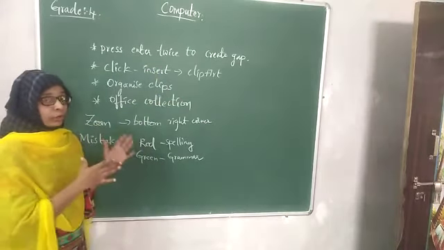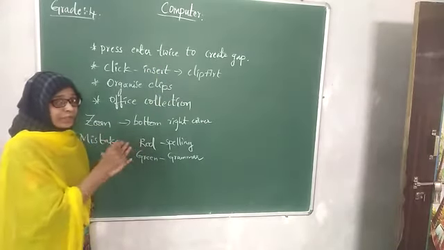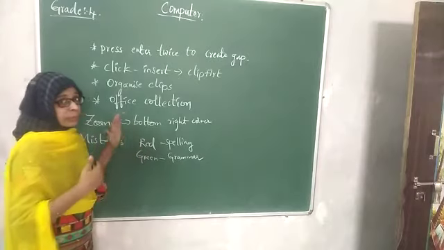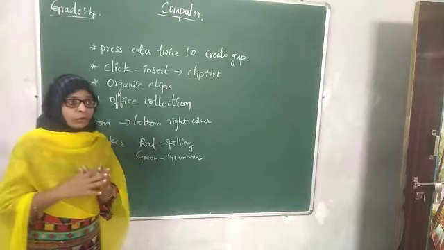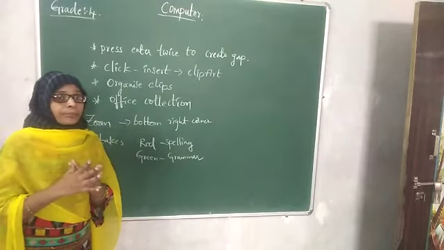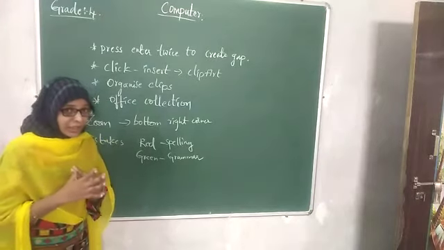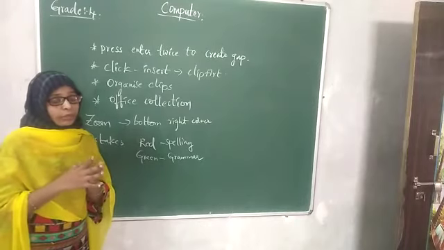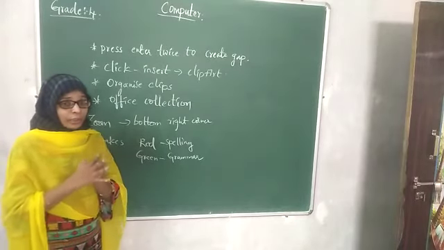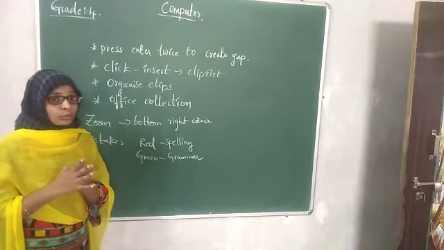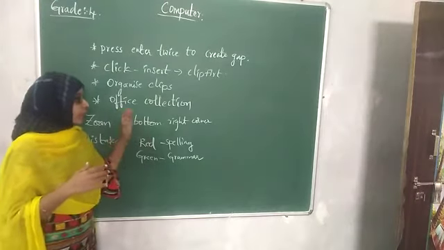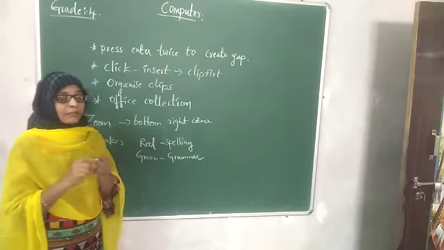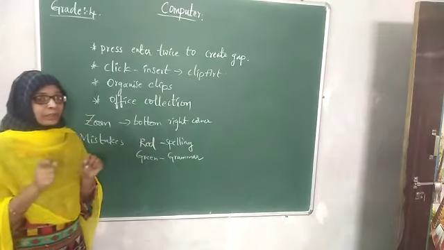Where the talk about the deer is going on, you can simply copy and paste the picture of the deer in your document. Then if you want to zoom, you can make necessary corrections here. If you want to zoom any text or any particular image, you will find the option at the bottom right corner of your page. You will see a small pentagon shape there, then plus or minus.